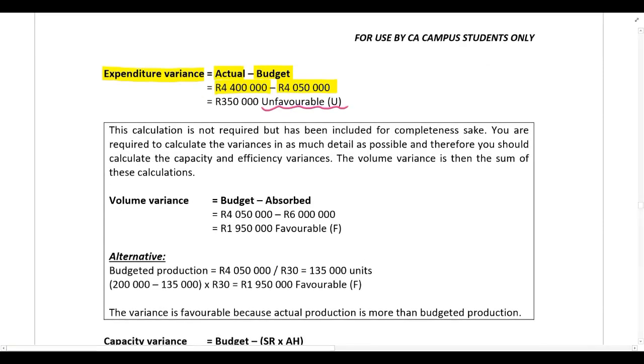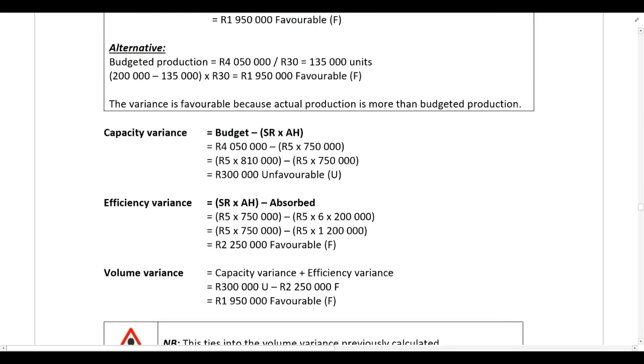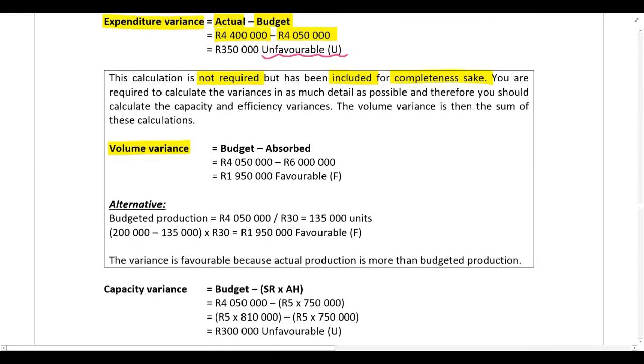Then, I have included the calculation for the volume variance because I want you to understand the logic behind the calculation. However, please note the calculation is not required. It's just been included for completeness sake. In terms of the required, you needed to calculate the variances in as much detail as possible. So you should jump to the efficiency variance and the capacity variance, and then the sum of those two will give you the volume variance. But obviously, I'm now just including this for your understanding.